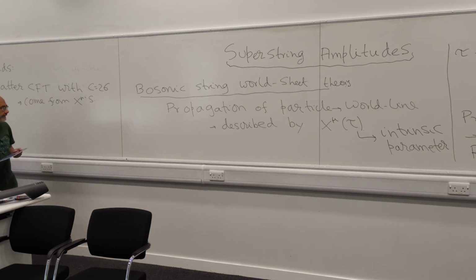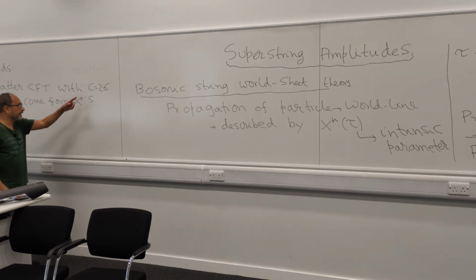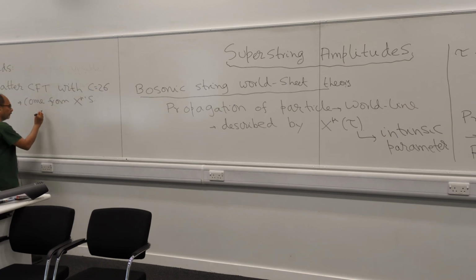So each X mu is a scalar field, a free scalar field in 2 dimensions. So each X mu contributes 1 to the central charge, and the total central charge is 26 because mu runs over 26 values. Why 26, we will see soon.